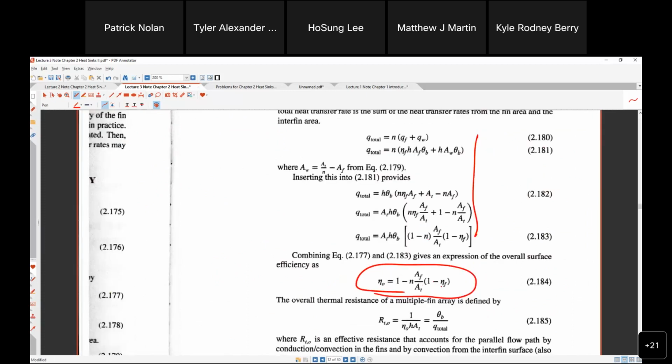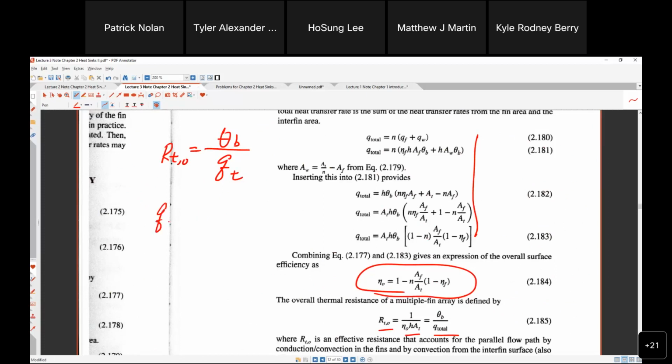So I think total overall is this. Actually, a little bit. So total overall is theta_b of Q total.